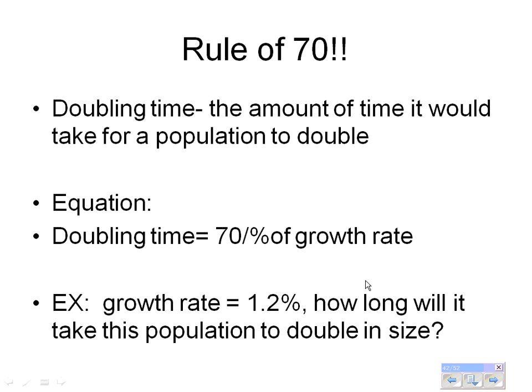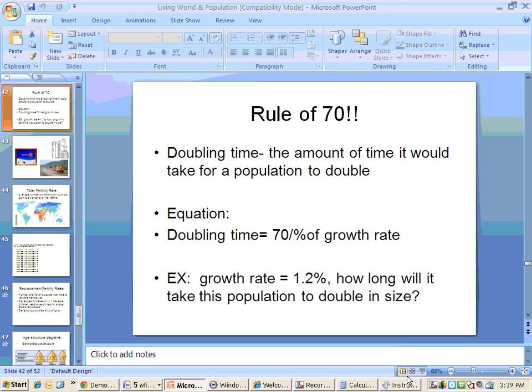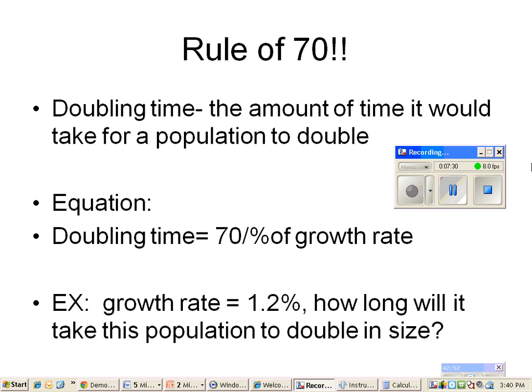So for example, you would possibly be asked to, so 70 over 1.2, if you divide that out, you'll round to the nearest whole number. And you come out with a decimal, so you're going to round to 59 years.